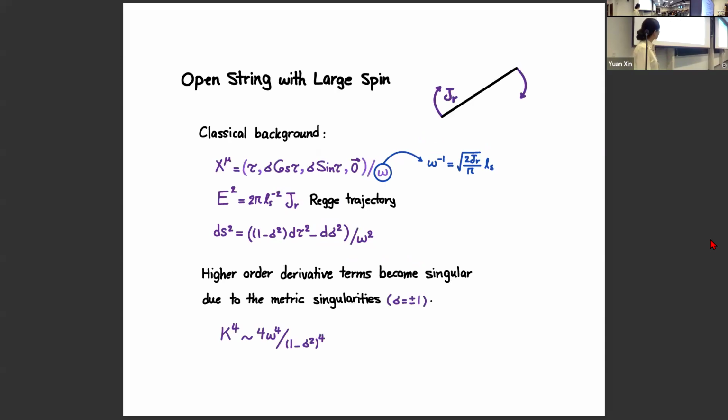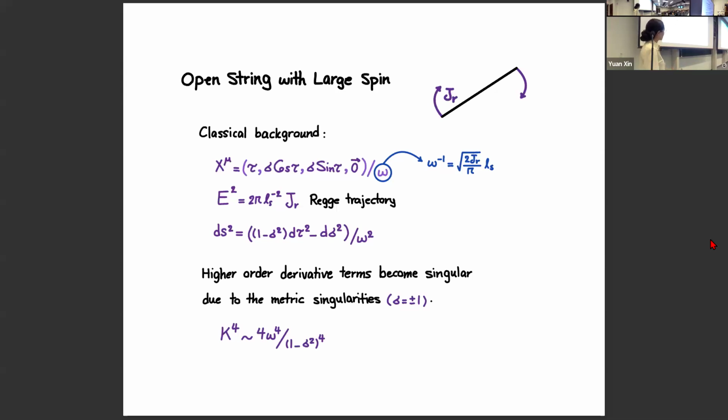To make it more clear, assume we have an open string with large spin. Its classical background would have these target space coordinates, where omega to the power of -1 is proportional to the square root of J. It gives rise to a rigid trajectory and has the following metric.